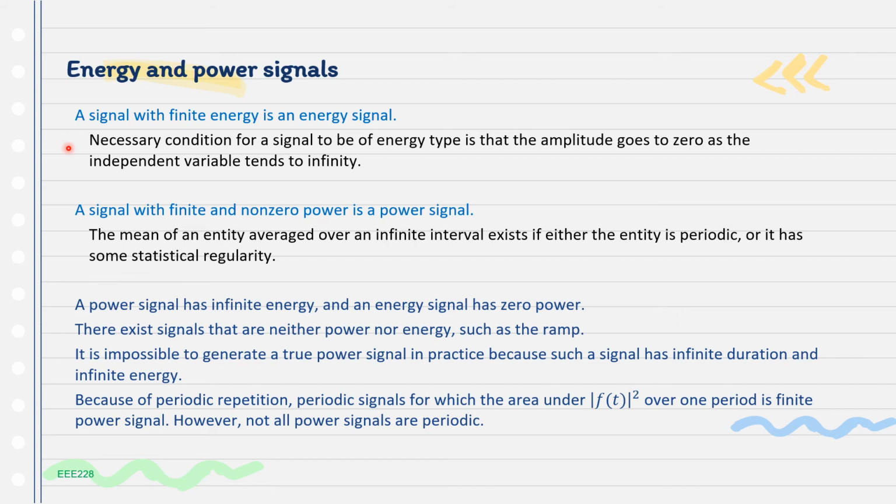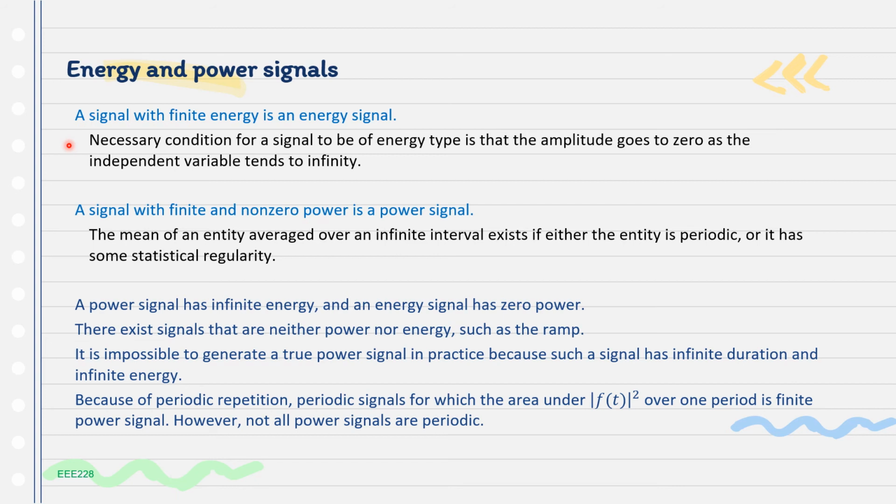So a signal with finite energy is an energy signal. What this means is that the necessary condition for a signal to be of energy type is that the amplitude goes to zero as time goes to infinity, like I discussed previously.